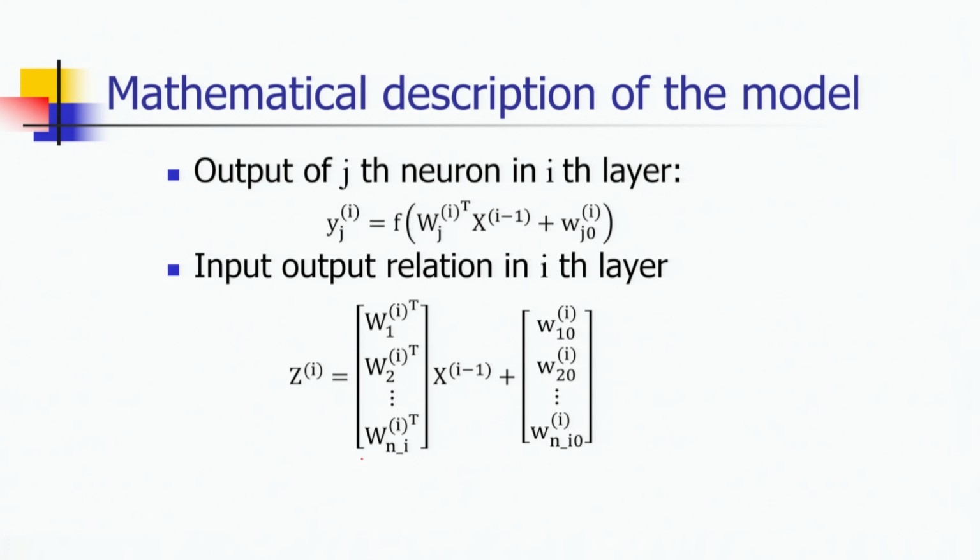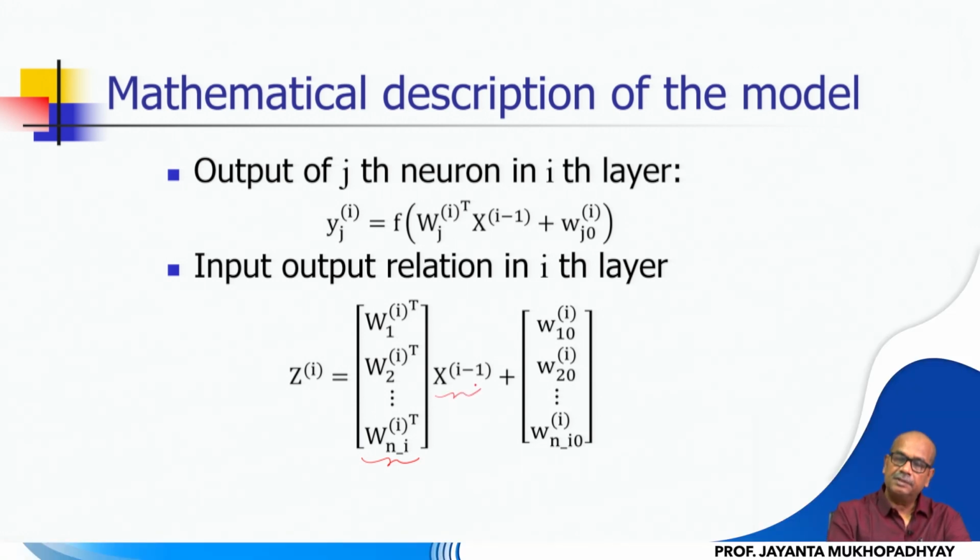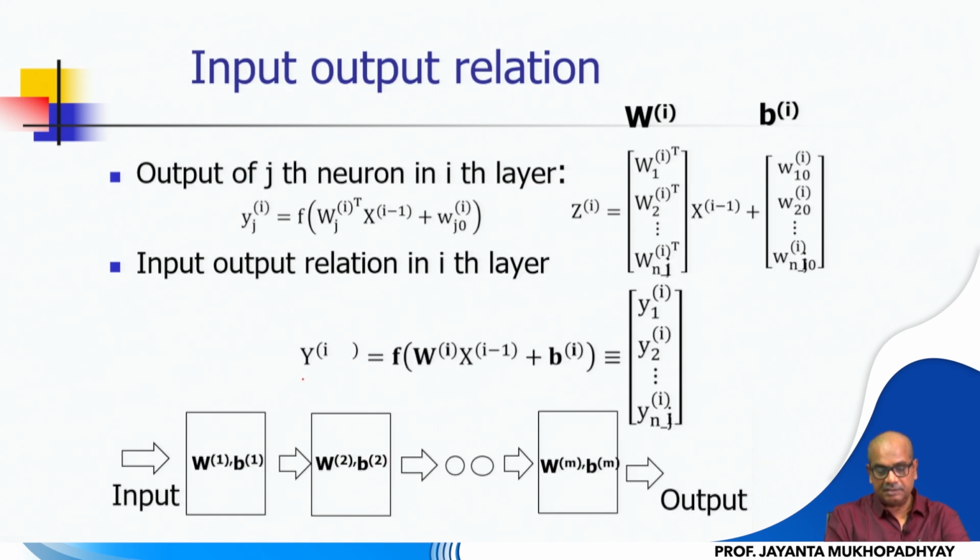There is a weight matrix corresponding to that ith layer, which is multiplied by the input from the i-1th layer, which is the input vector, actually the outputs of the i-1th layer. And then there are also biases of individual neurons, so they are also added. This produces the weighted sum for all the neurons in that layer. And then finally, we apply a nonlinear function to every component of these column vectors. So, this could be represented in this form.